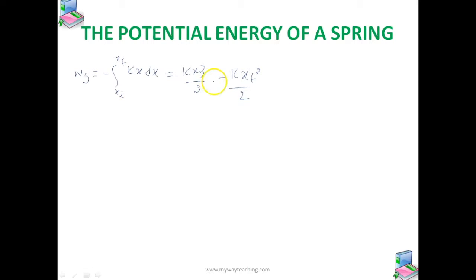Specifically, if the block is pulled from xi and allowed to return to xi, in that case the work done will be 0 because there is no displacement, isn't it?